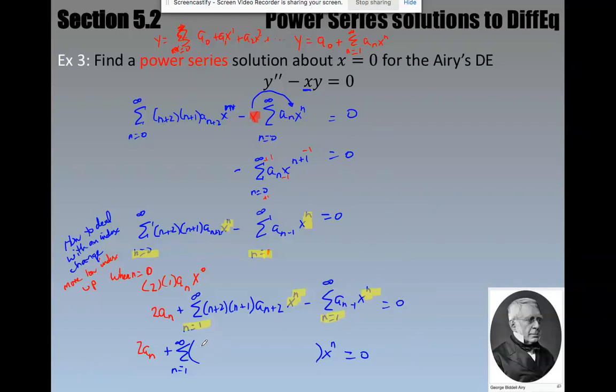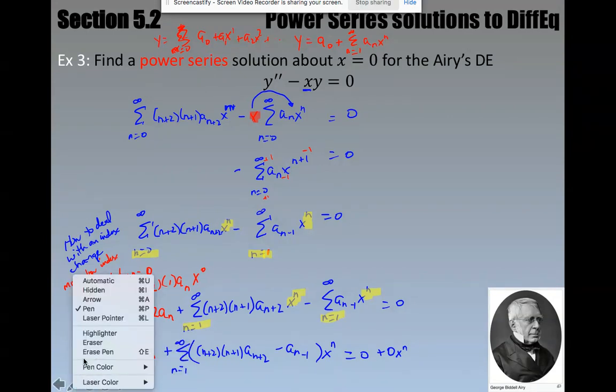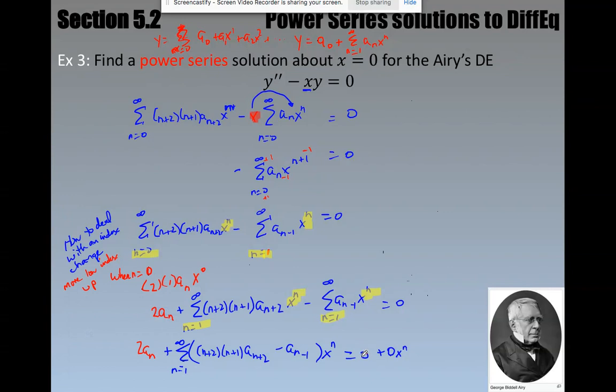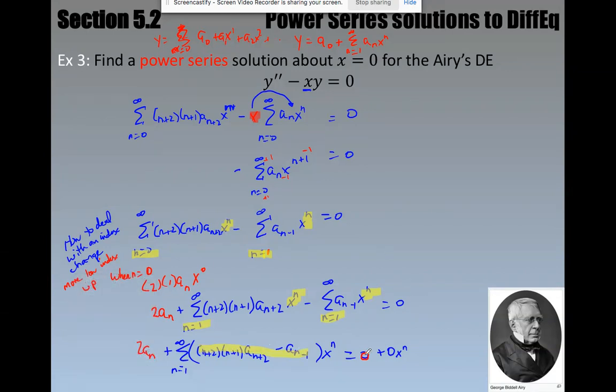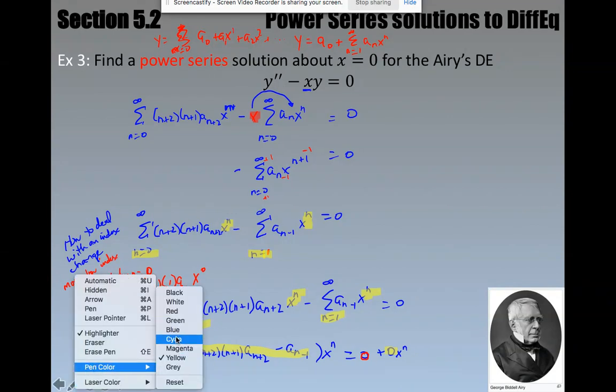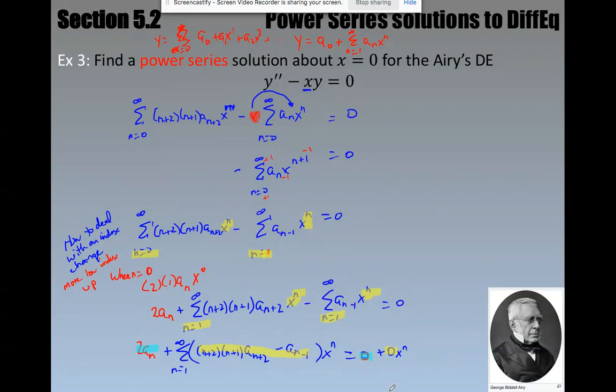And what's in here, minus, is equal to 0 plus 0 x to the n. But you're going to need this 0 this time. Do you see that? There's equating one coefficient. There's equating your constants.